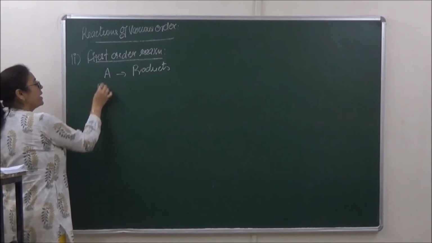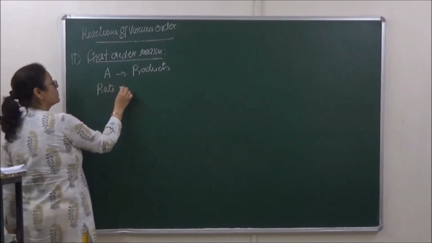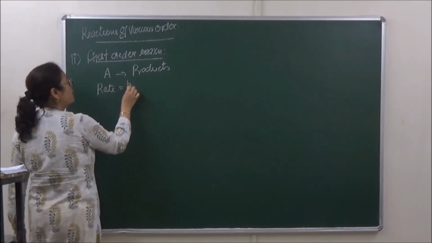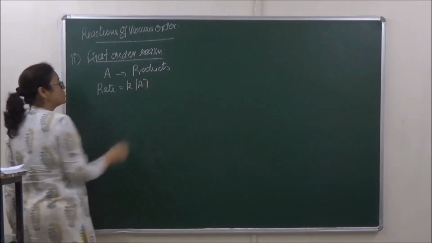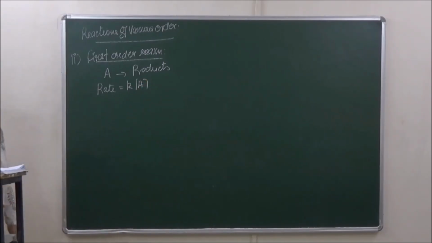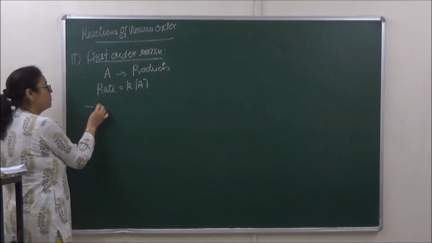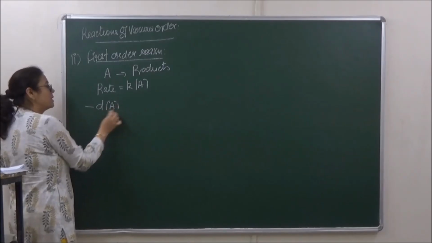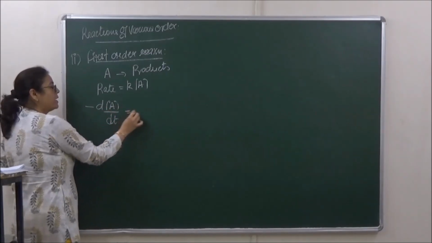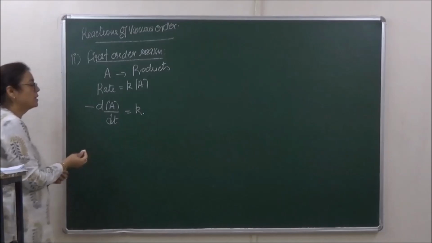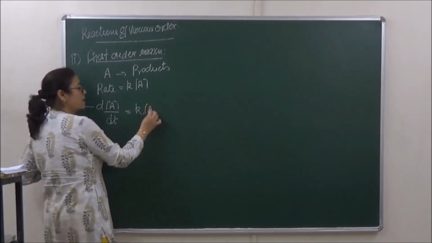So the rate of the above reaction will be given as K into concentration of A raised to power 1, because it is a first order reaction. Now let's take the differential rate equation over here. So we will have minus dA upon dt, that is equal to K into concentration of A.